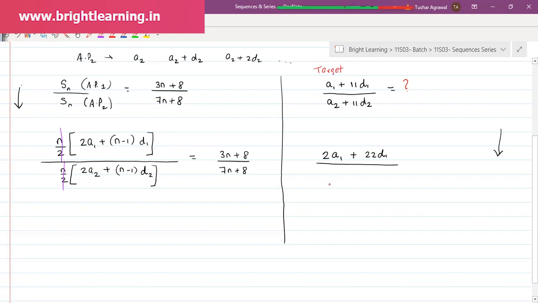It is the same as twice A1 plus 22 D1 upon twice A2 plus 22 D2. This is my target. Whatever this value becomes is my answer.